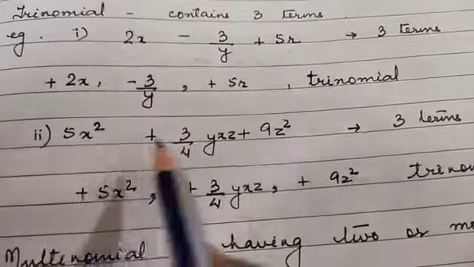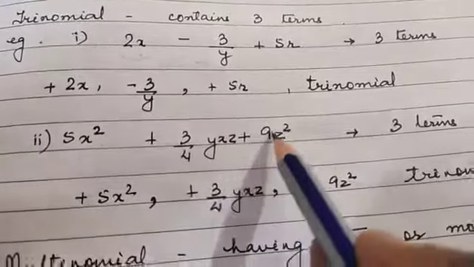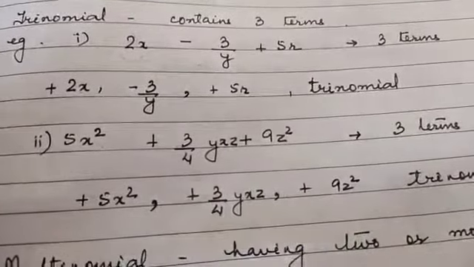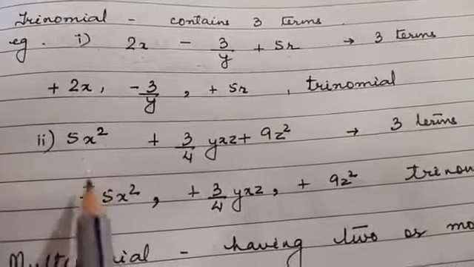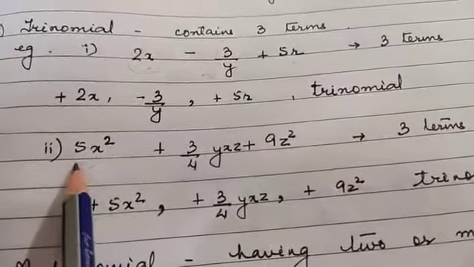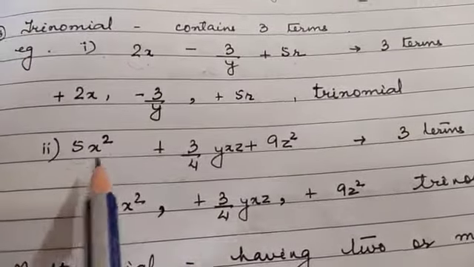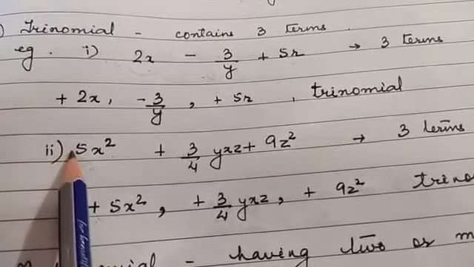5x square plus 3 by 4 yxz plus 9z square. These are again three terms. What are the terms? Plus 5x square. Don't forget to put the sign that the term carries. Here there is no sign, so it is plus.